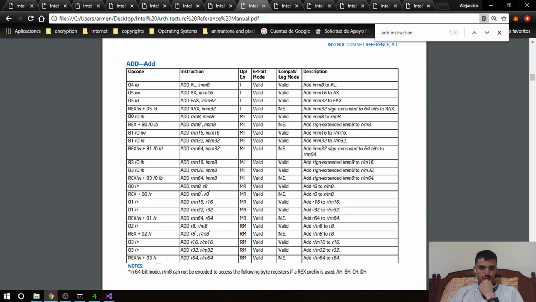Because this is a memory operand 32 and a 32 register operand, which is the 03, and then we have the 05. This R means that we use both the reg and the RM. That's correct. That's the thing we use. So it's this one.